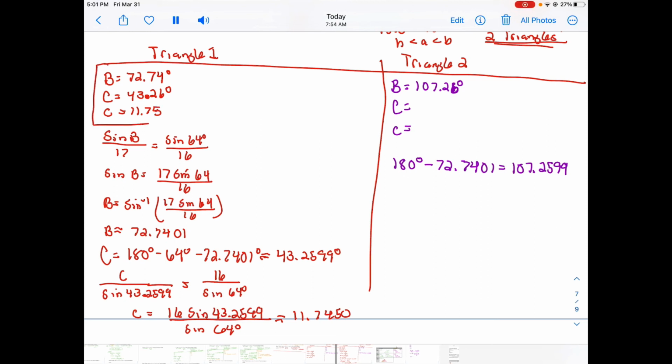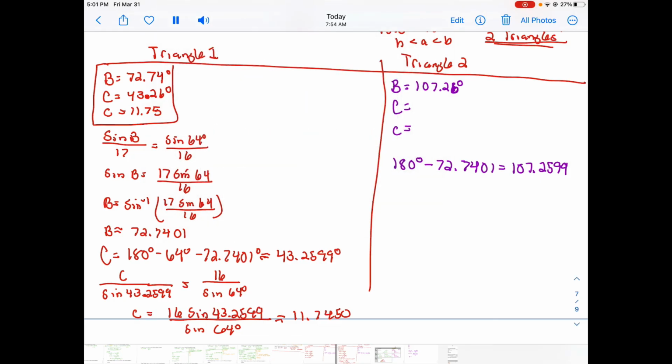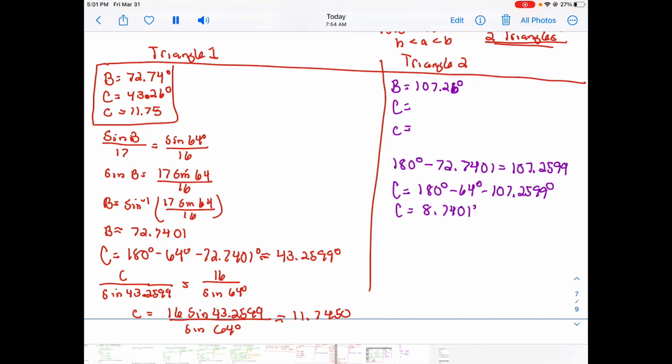Now let's solve for triangle 2. Angle C2 for our triangle 2 would be 180 degrees minus our given angle of 64 degrees minus our angle of 107.2599, which would be approximately 8.7401 degrees, or 8.74 degrees.